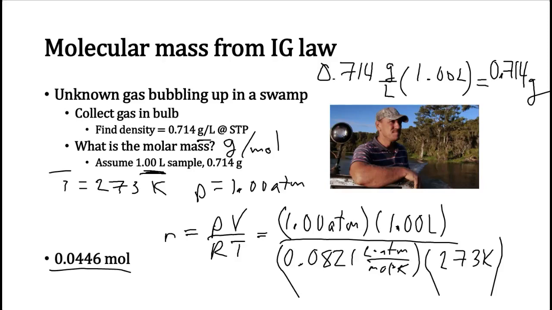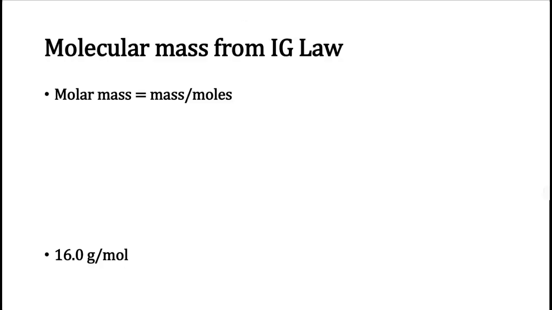All right, so now we know the moles and we know the mass. So what we can do is plug in that mass that we calculated, the 0.714 grams, divided by the moles, which was 0.0446 moles. And we see that the molecular weight here is 16 grams per mole.